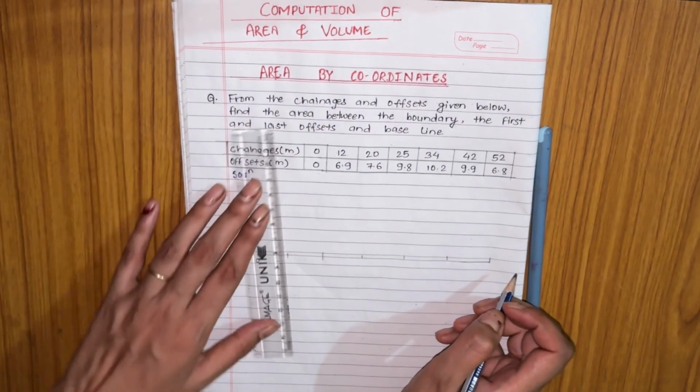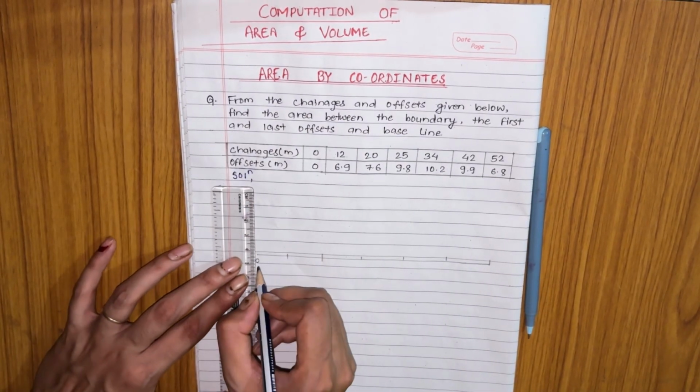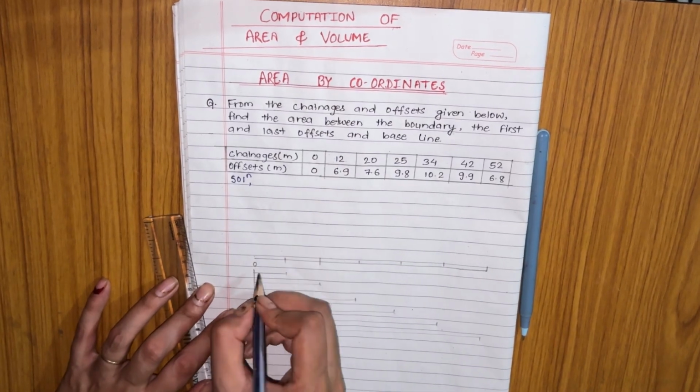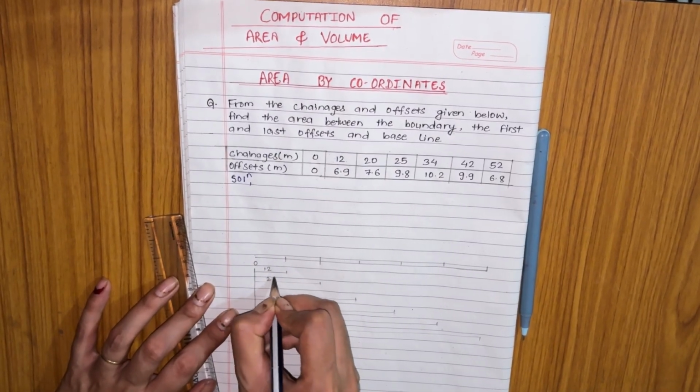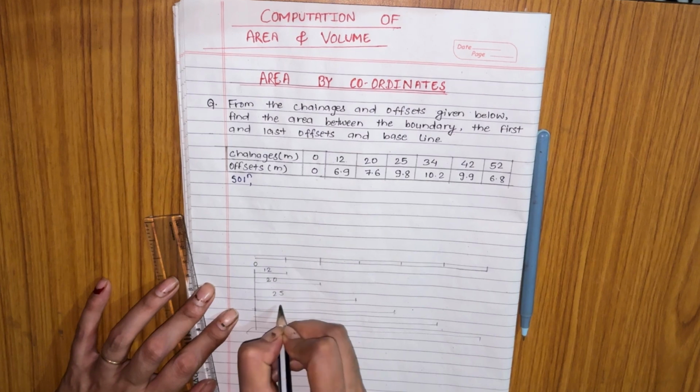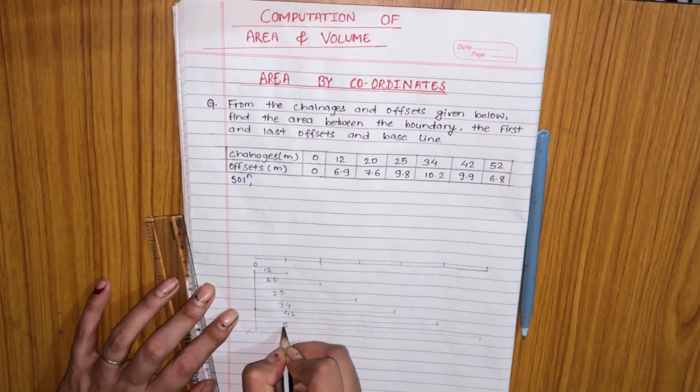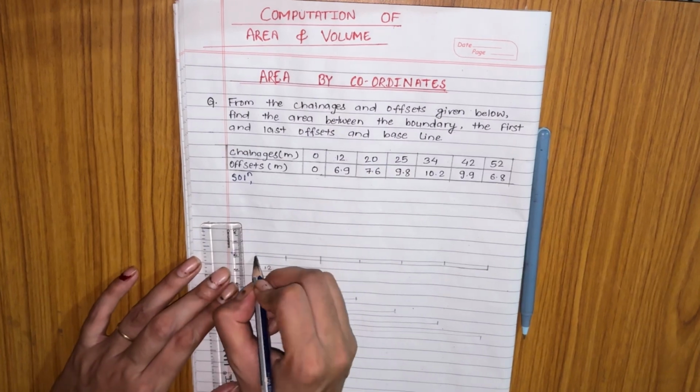So these are the chainages at the horizontals. This is 0, then 12 meter, 20, 25, 34, 42 and 52. So at 0 the offset is 0 here.